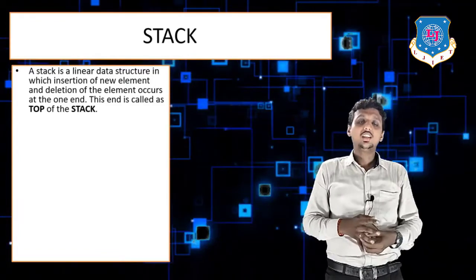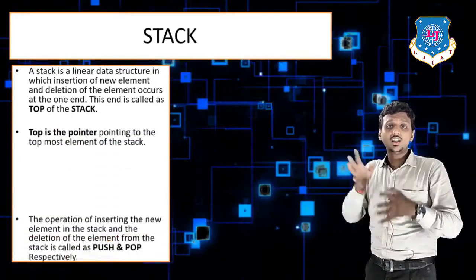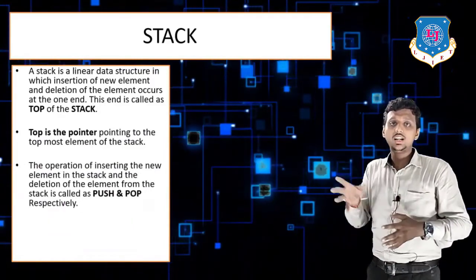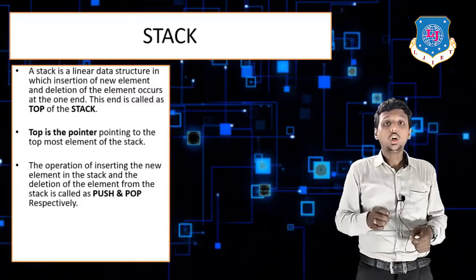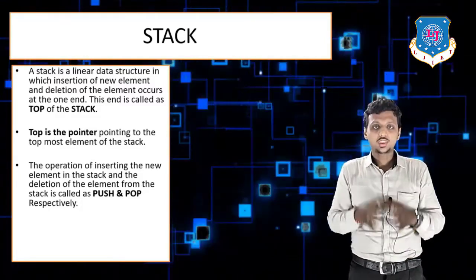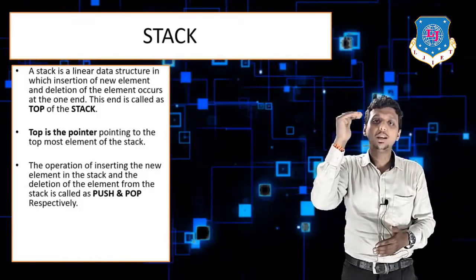So stack is a linear data structure where insertion and deletion operations are performed at only one end. That end is known as the top of the stack. Now, what is top? Top is a pointer which always points to the topmost element of the stack.